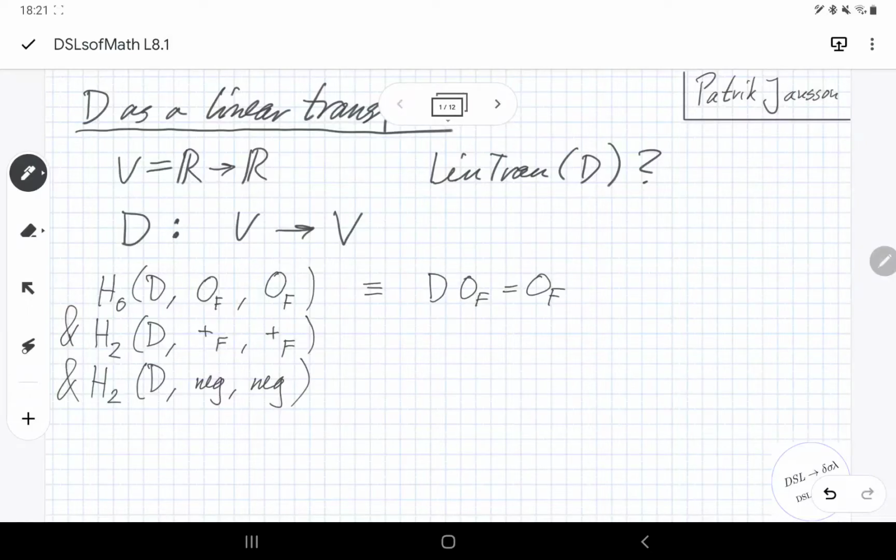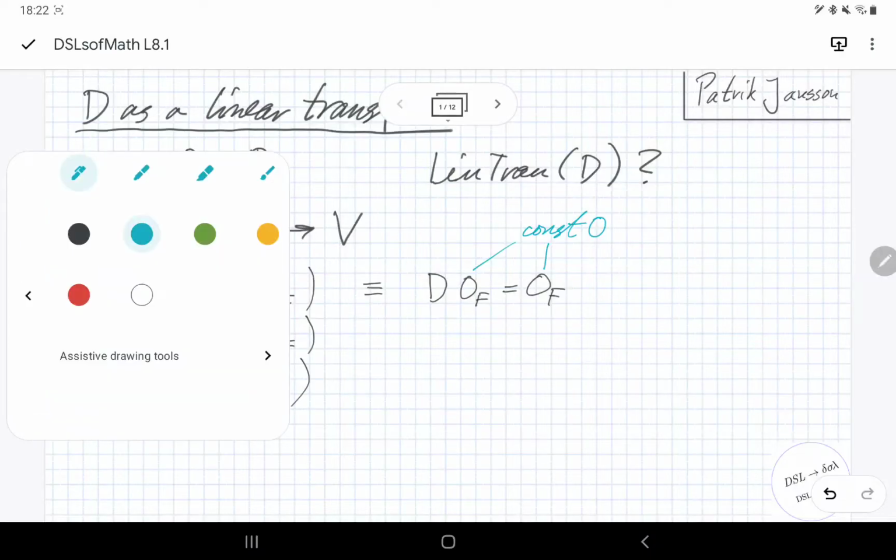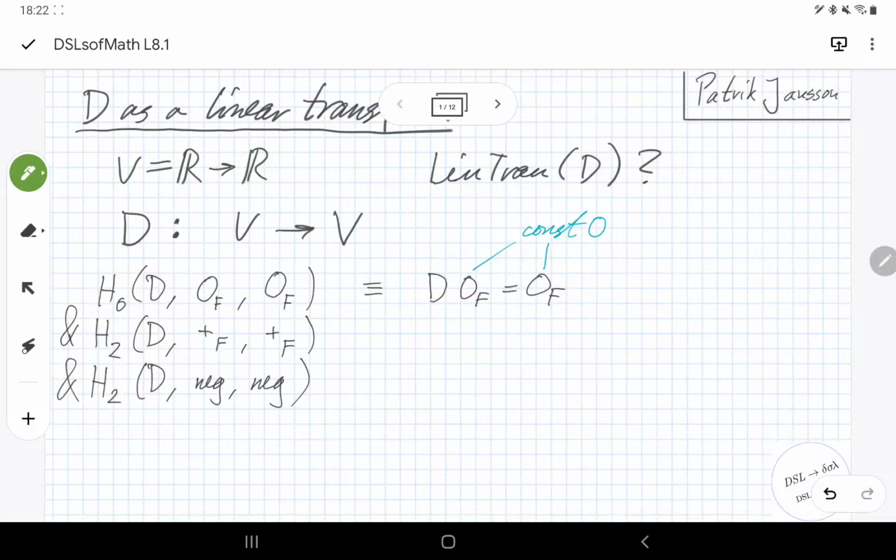I can write it next up here. This is const 0, where this other 0 is the 0 in reals. And well, this is the same const 0. So what is the derivative of the function const 0? Well, the derivative of all constant functions is const 0, so this definitely holds. So we can say here, green, yes.